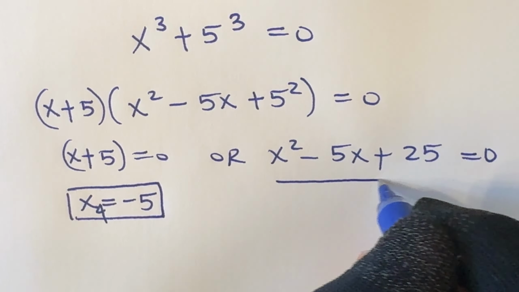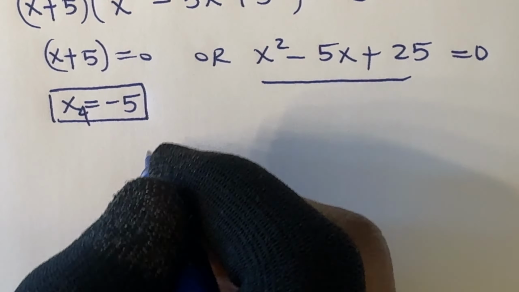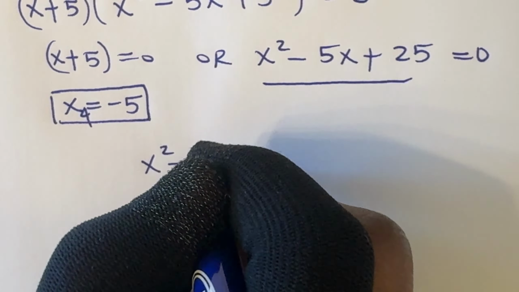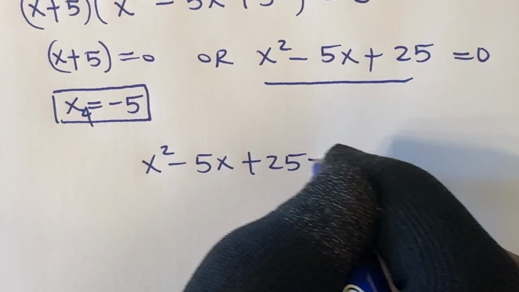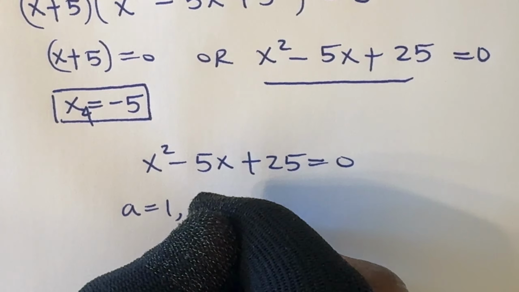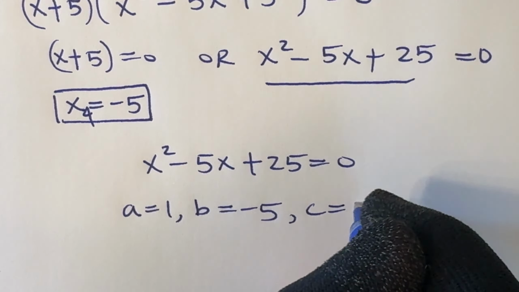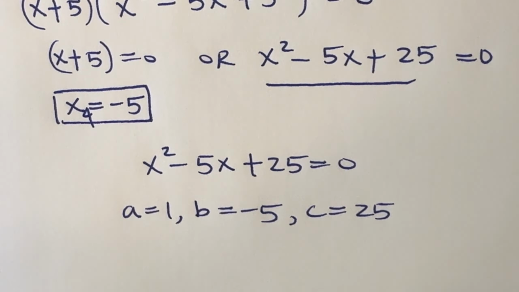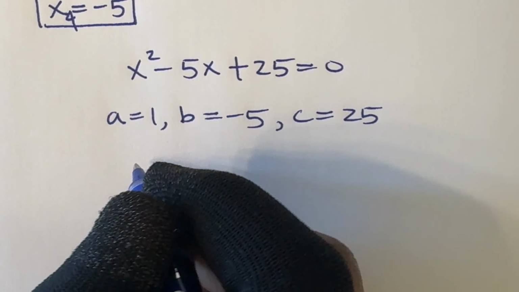So from here, x squared minus 5x plus 25 equals 0. A is 1, B is negative 5, and C is 25. I'm going to substitute that into the quadratic formula.